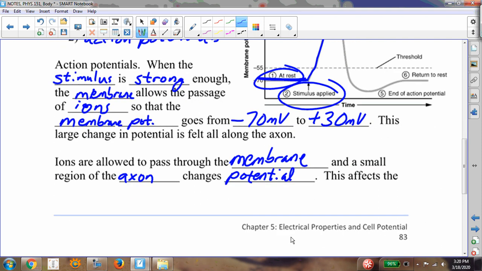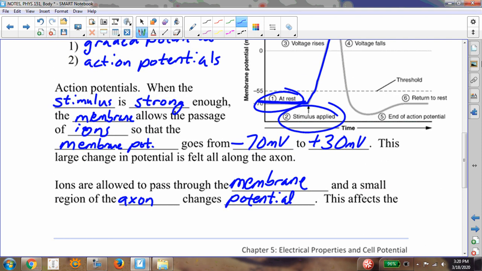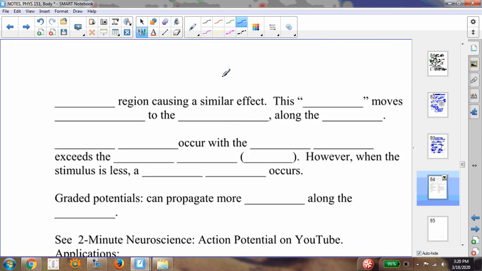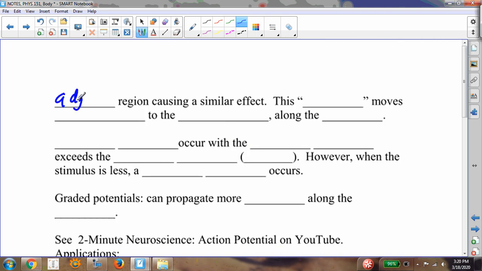This affects the adjacent region, causing a similar effect. And this current, and notice it's in parentheses because it's not really a current so much, but it has the same effect. This current moves parallel to the membrane along the axon.